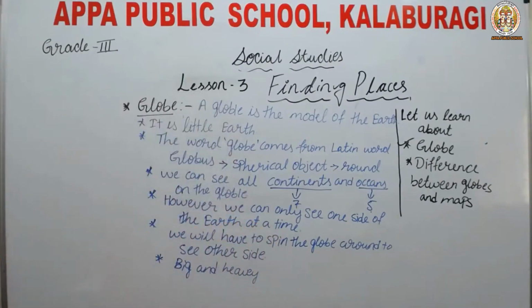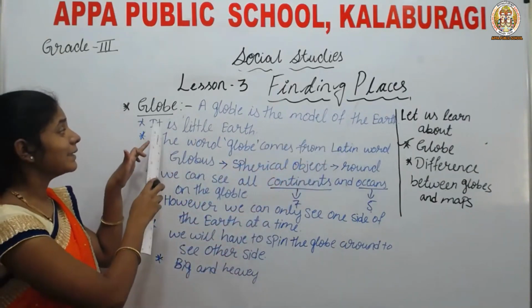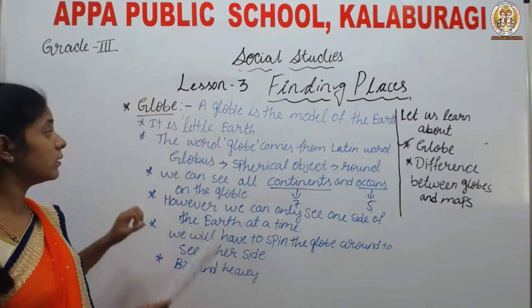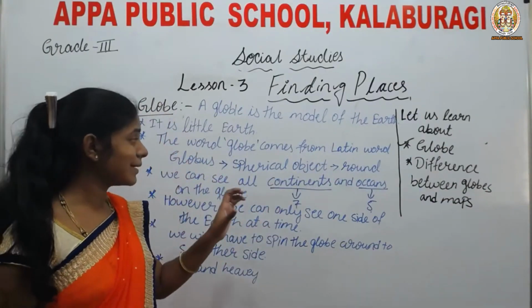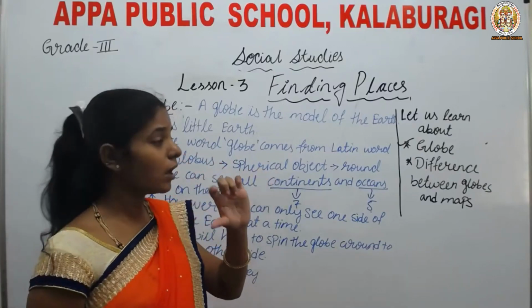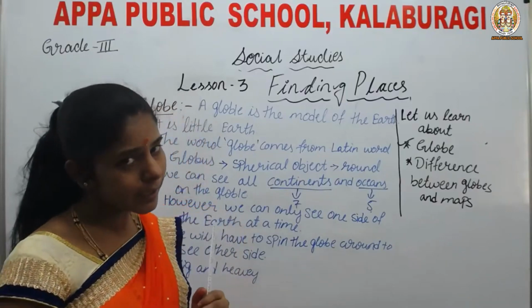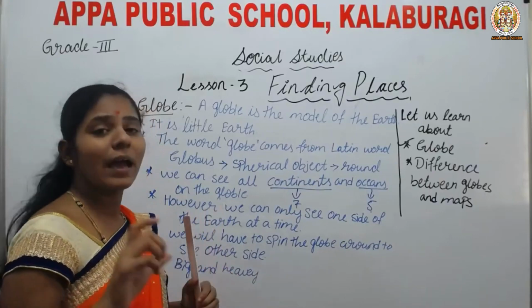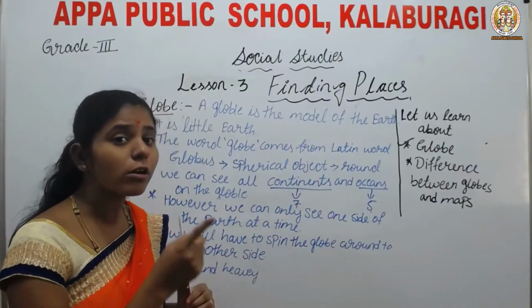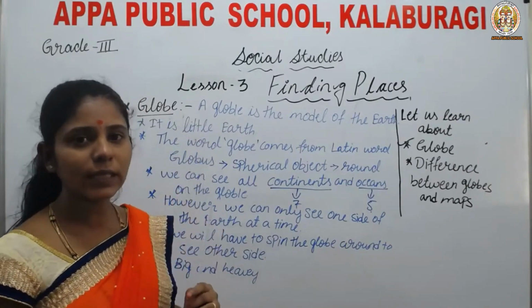To recap, a globe is a model of the earth, a little earth. The word globe comes from the Latin word globus, which means spherical object. We can see all continents and oceans on the globe. However, we can only see one side at a time, so we have to spin the globe to see the other side.